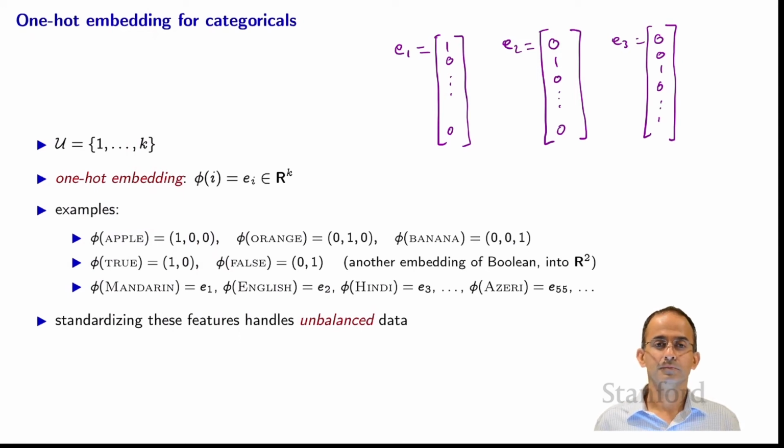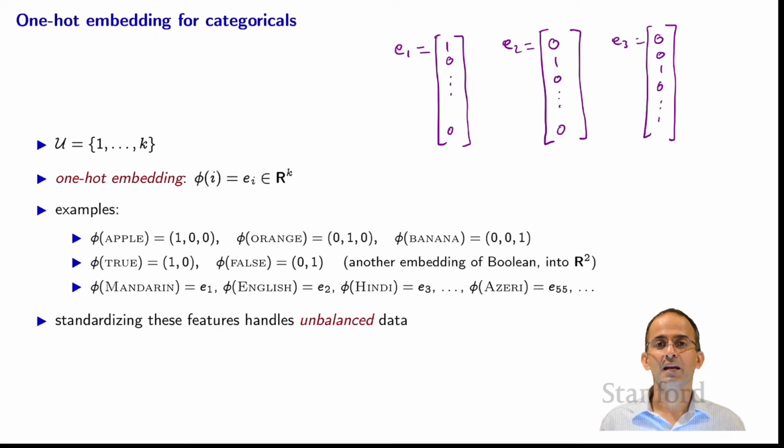And if we standardize these features, well, that allows us to handle unbalanced data, because when we standardize these features, they won't remain at 1, 0, 0, 0, 1, 0, 0, 0, 1. They will get shifted by the mean and scaled by the standard deviation.